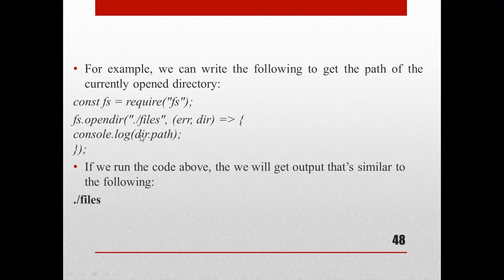What will it return? It will return the path of that directory. The path we have already mentioned here is ./files, so it will return ./files. Here you can see the output of this code. This code is for getting the path of the currently open directory, the directory we are opening.